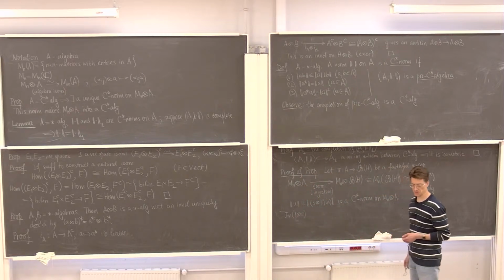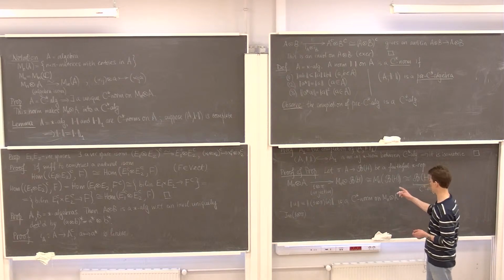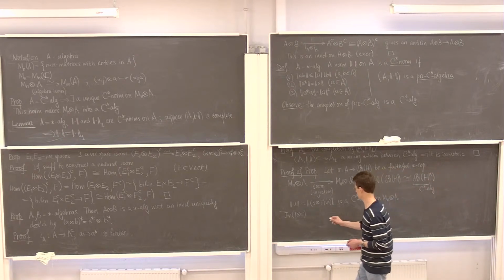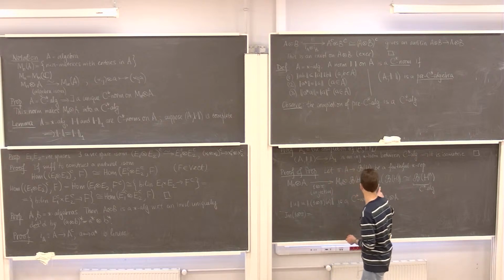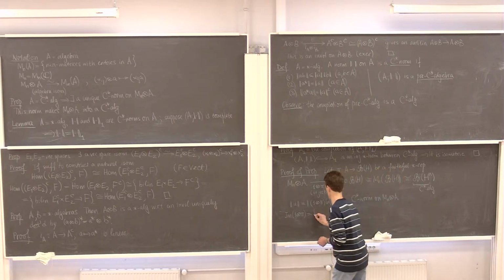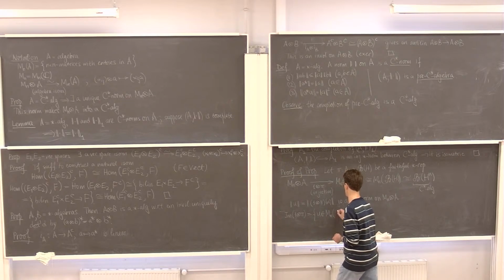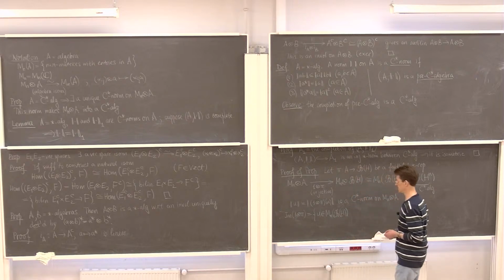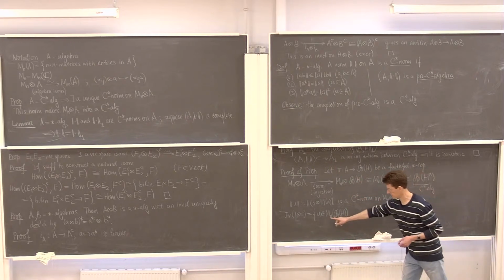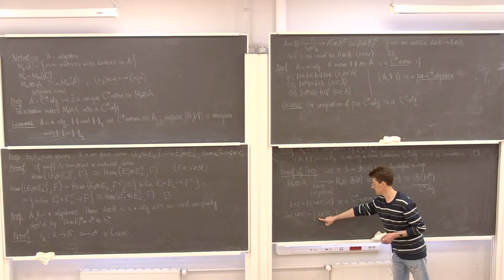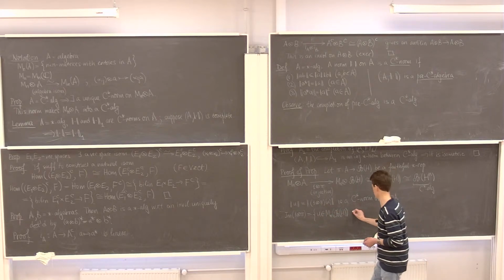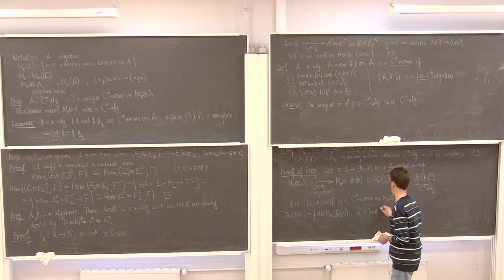It follows from the construction that this image consists precisely of those elements u in Mn of B(H) such that each matrix entry belongs to the image of π. That is, u_ij belongs to the image of π for every i and j.